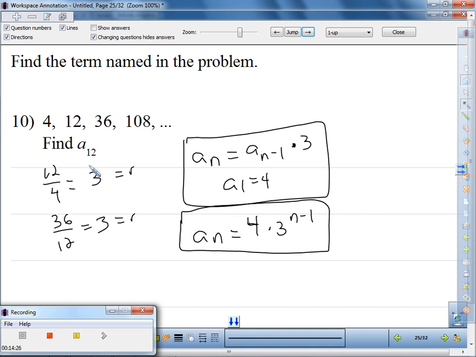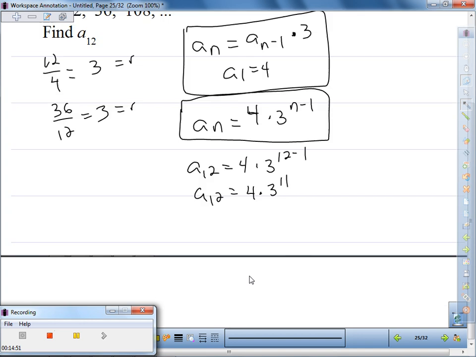Okay, and so that's our explicit formula. And then last, to come up with the 12th term, a sub 12 is going to be equal to 4 times 3 to the 12 minus 1. Okay, so we end up with a sub 12 is equal to, you cannot multiply 4 times 3 here. We have to take 3 to the 11th power first. It's going to be 4 times 3 to the 11th power. Okay, so we end up with this, and then we're going to multiply that times 4.